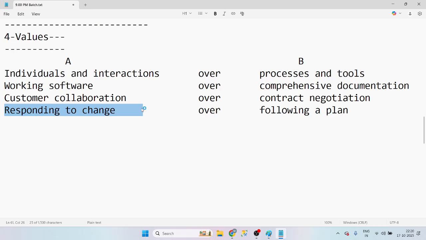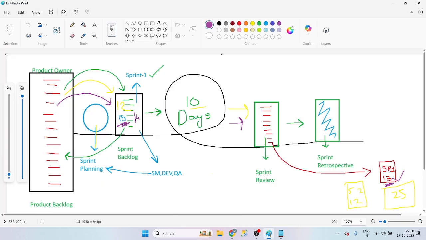Responding to change is nothing but this: we have agreed here for what, guys? 15 tickets. Am I right or wrong? We agreed for 15 tickets. Okay. In the middle of the sprint, now the product owner is saying that he doesn't require some two tickets from these 15.